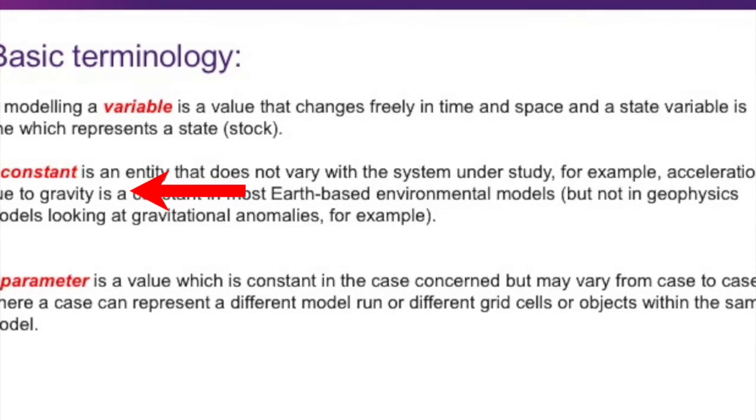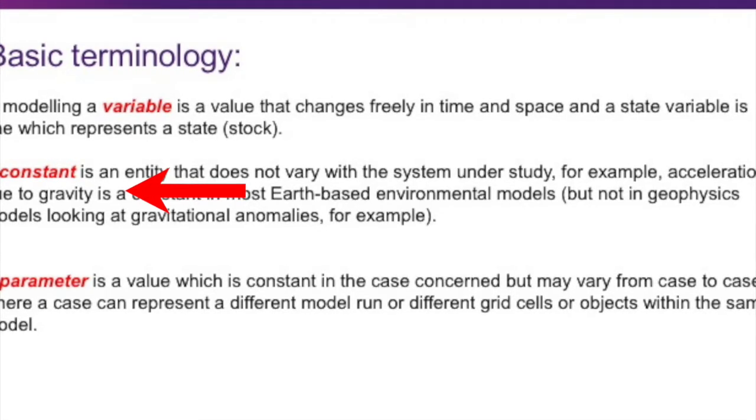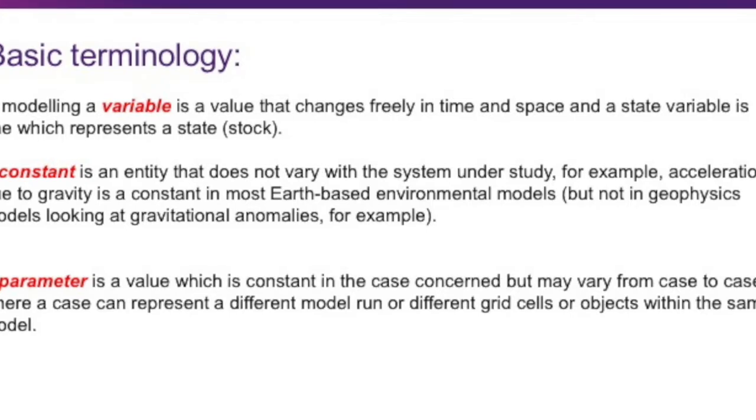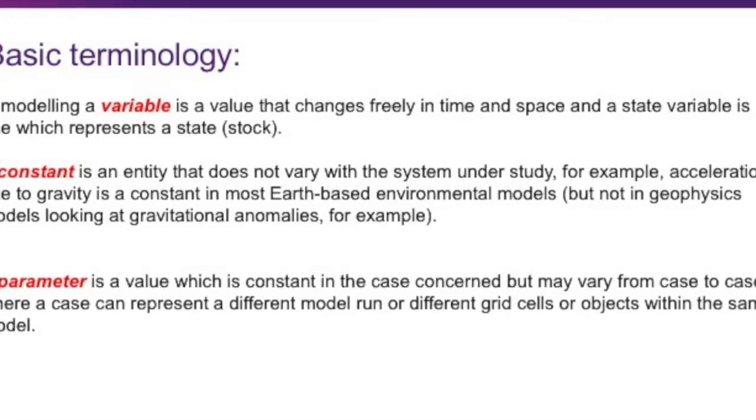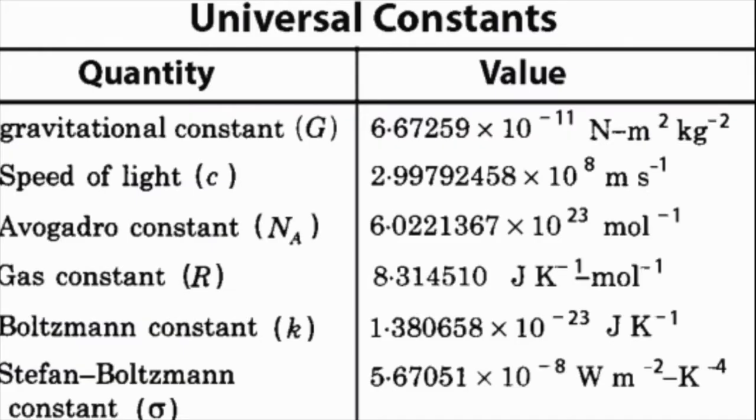The systems that we have discussed also have constant terms, and these are terms that do not vary with the system under study. For example, acceleration due to gravity is a constant in most of the air-based environmental models, and these are the ones we're going to discuss here.